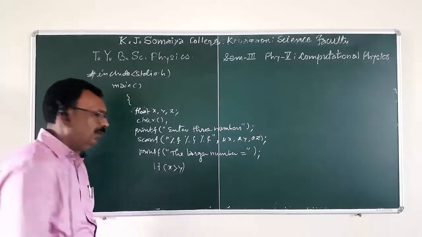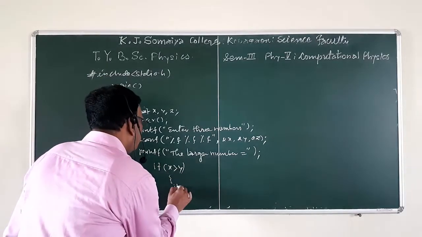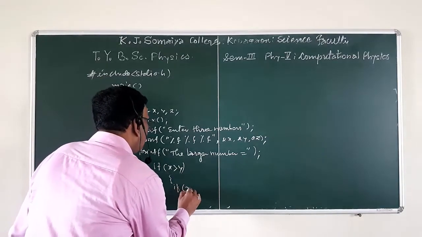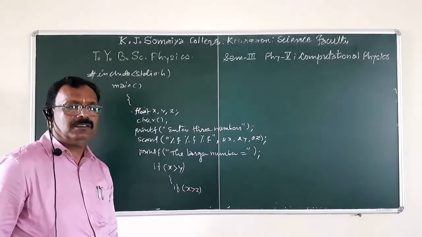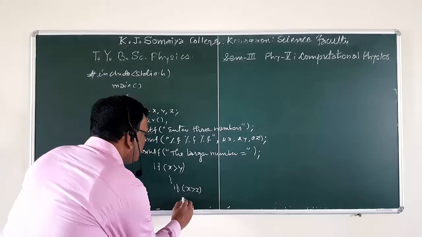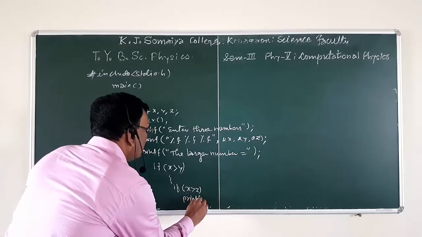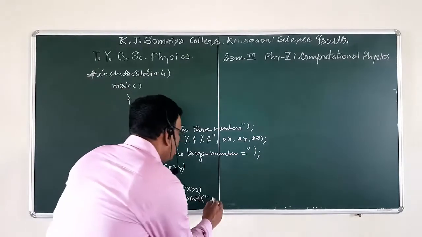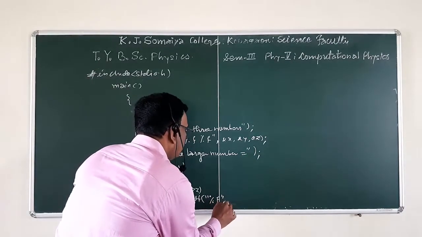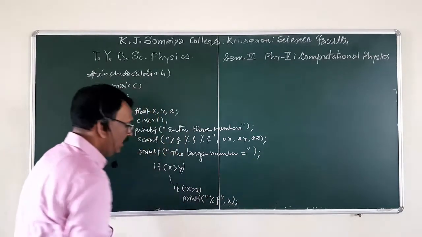If the condition is true, then if x is greater than z, okay, then this condition is true, then printf "%f" and x.